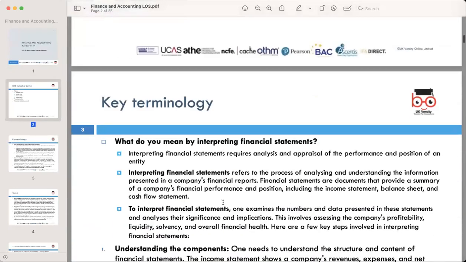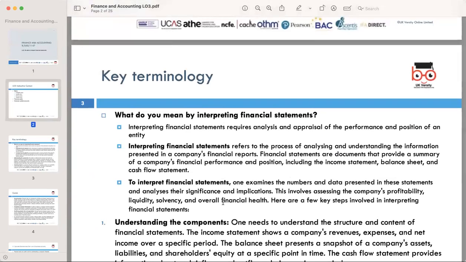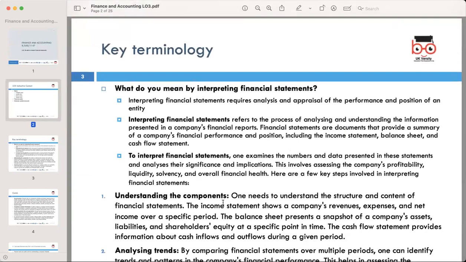Next is key terminology. What do you mean by interpreting financial statements? Can anybody tell me or explain what you mean by interpreting financial statements?